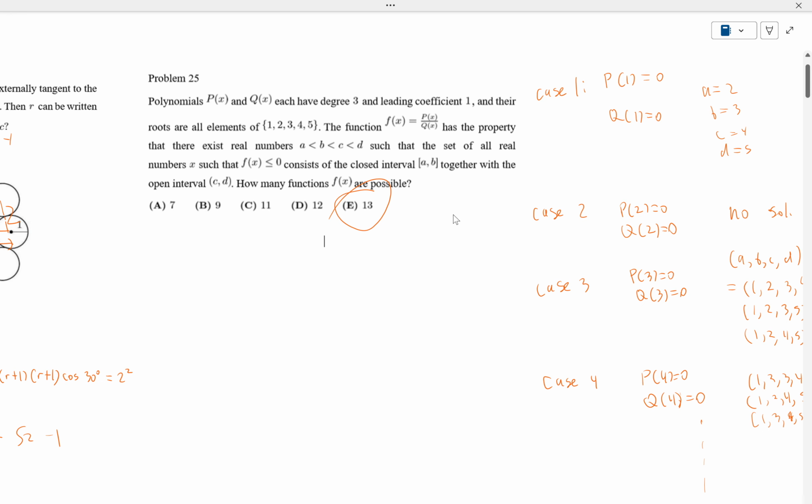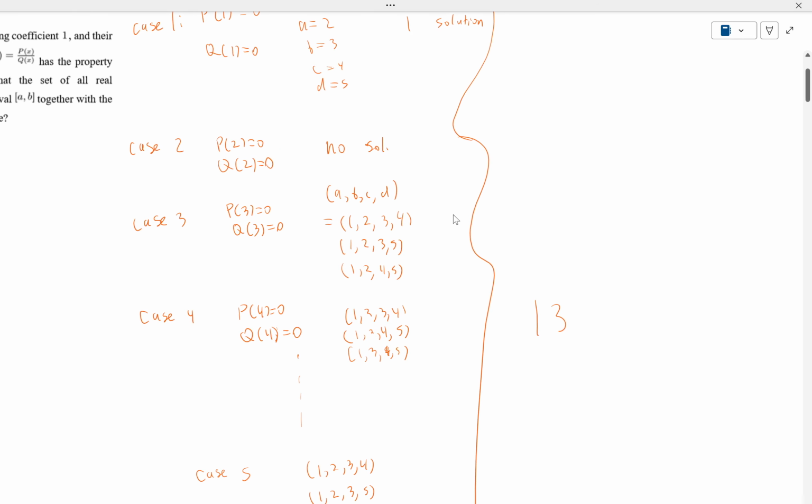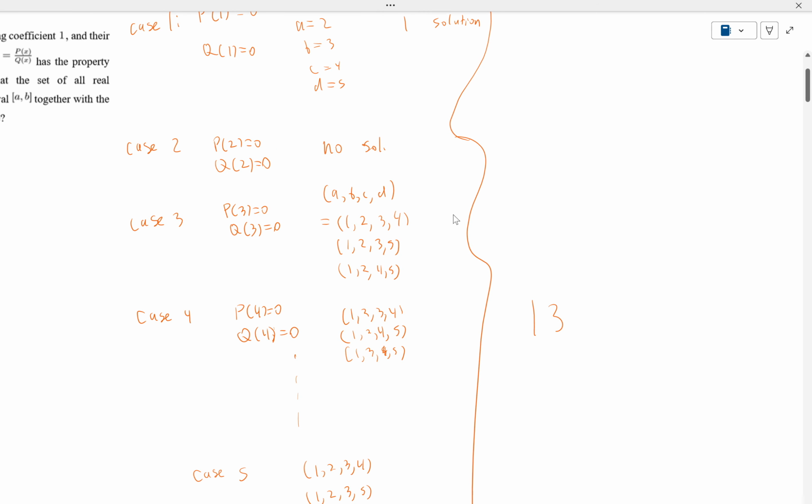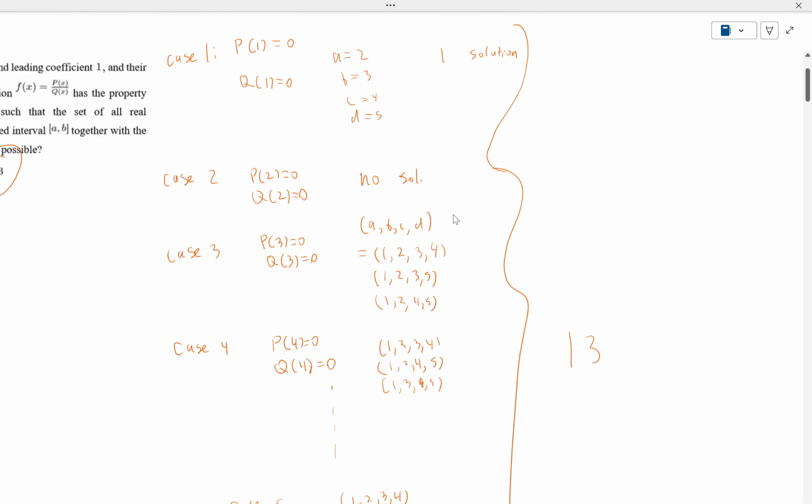And the reason why this is wrong is because sometimes we have the exact same function. And in fact, this happens exactly 5 times.